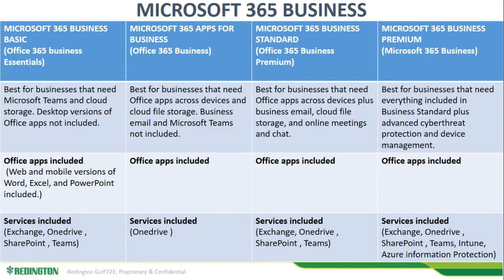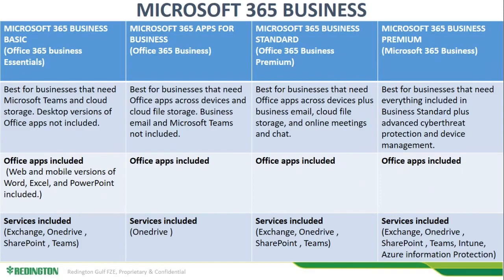It is just that some few features have been added to the solution, because as we all know, the Office license was just a license, but now M365 is a complete solution that incorporates applications that help you in your work environment. So this one is best for businesses that need Microsoft Teams and cloud storage. And in this license, desktop versions of Office apps are not included.